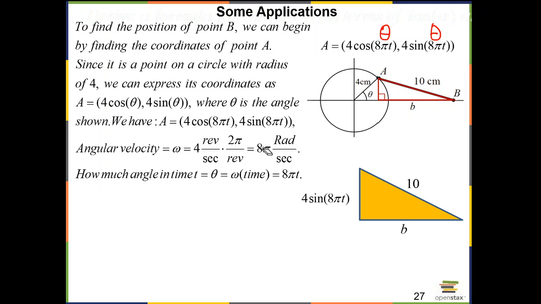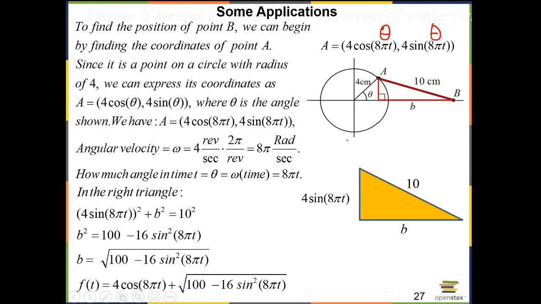All right, now we're ready to write an expression for b. It's a right triangle, b squared plus this squared equals 10 squared. There. And we isolate b, and you see b is going to be a function of t. So we're going to call it f of t, right?